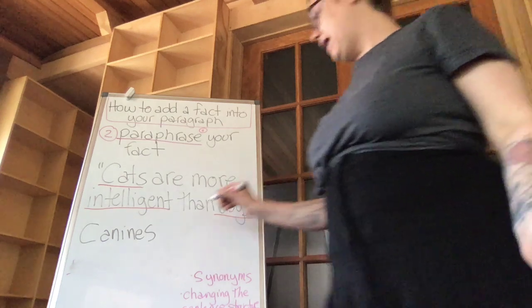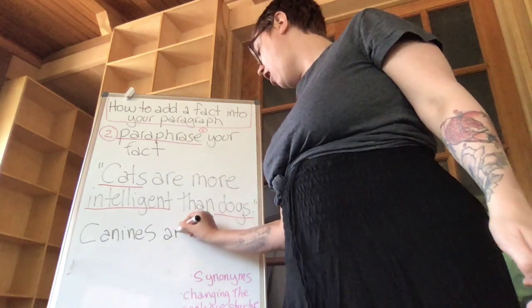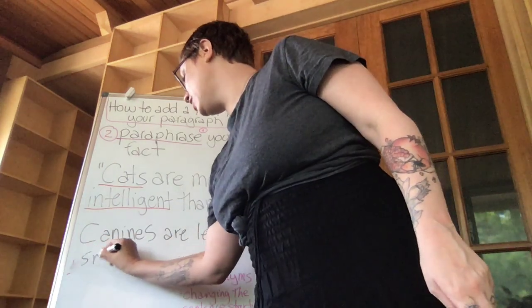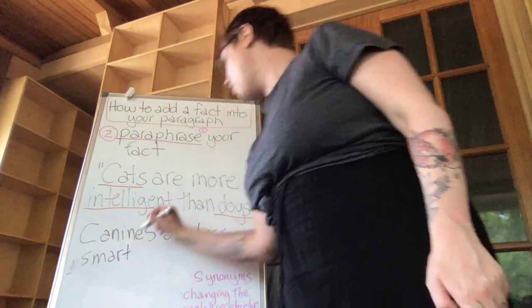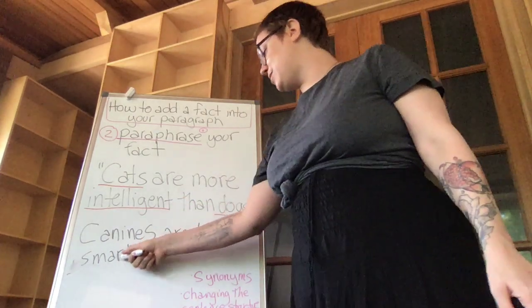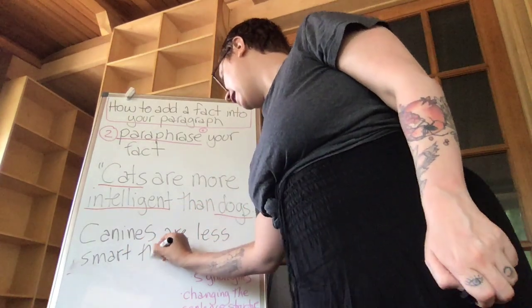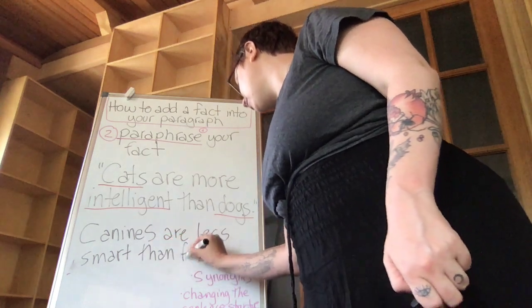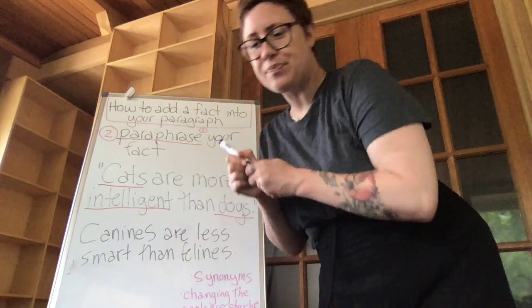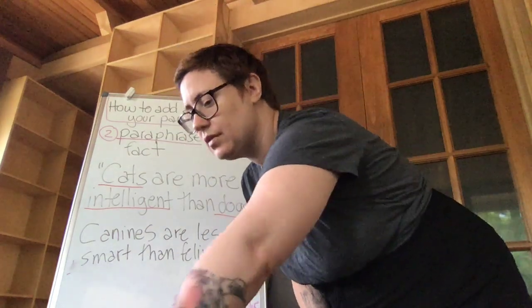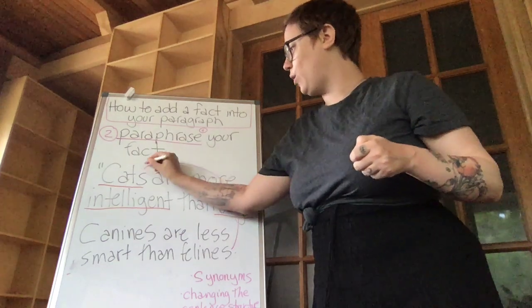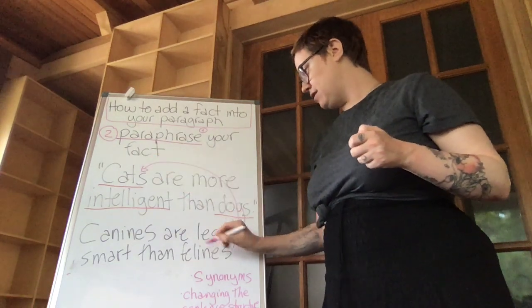Canines are less smart than felines. So instead of saying more intelligent, I'm saying less smart. Felines is a scientific word for cats.